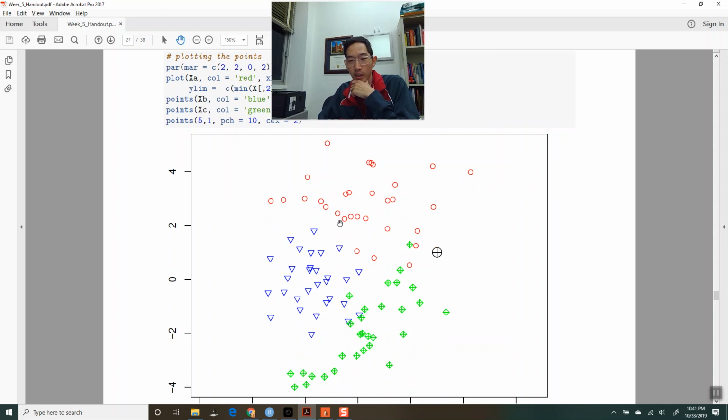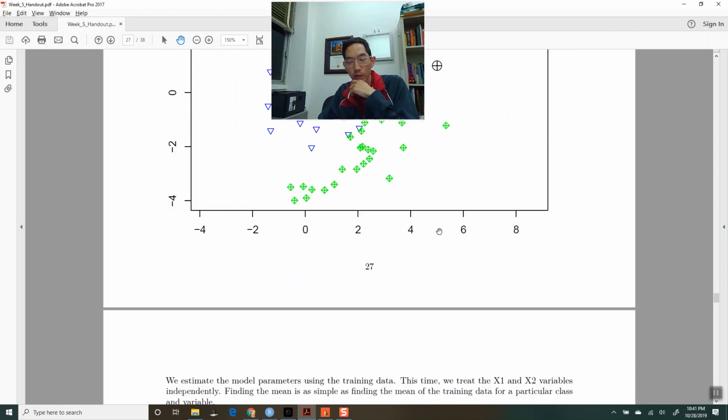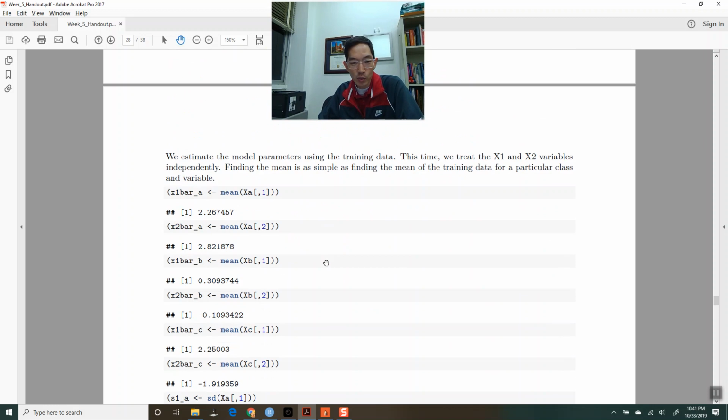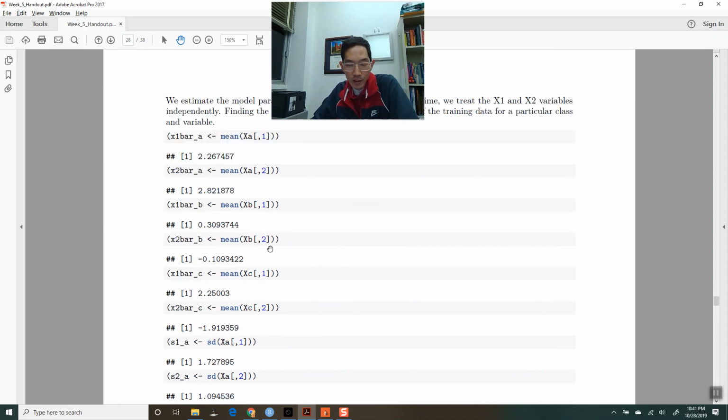Again, here we're going to revisit this one example where the test case is right here at 5,1. With the naive Bayes classifier, we just estimate the mean of x1. I could have used the same things that we did before, but here I take each variable individually.